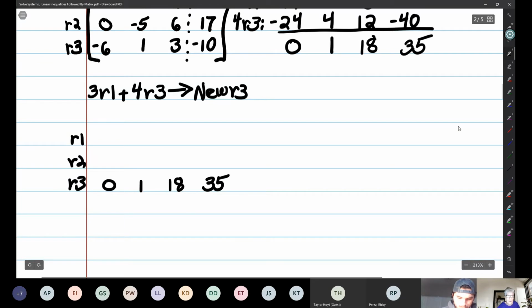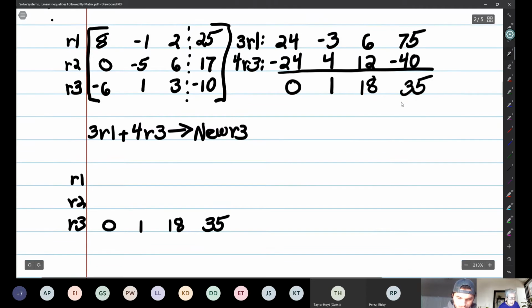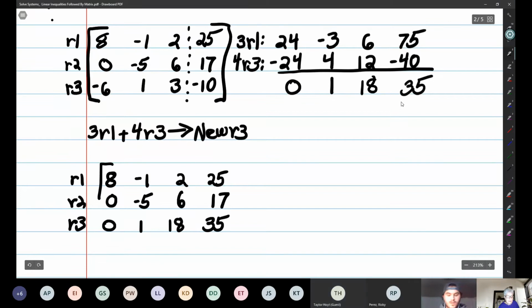Now, row 2 and row 1 from up here stay the same. Okay. I have 1, 0 to go. And then there won't be any more row operations.